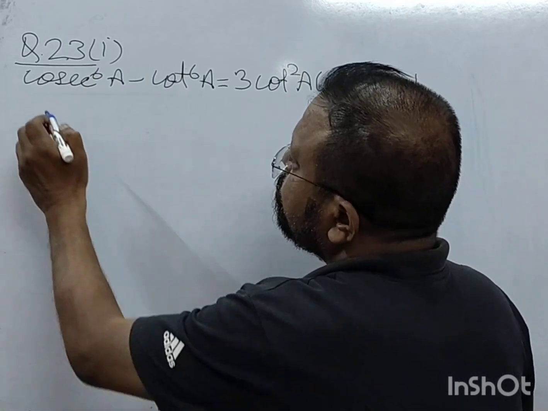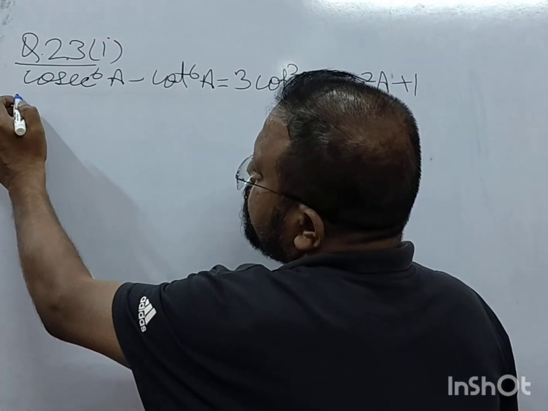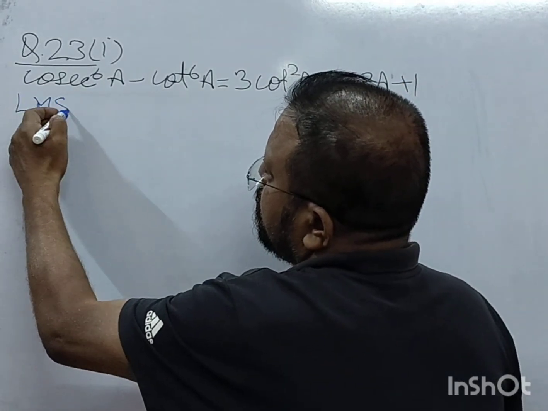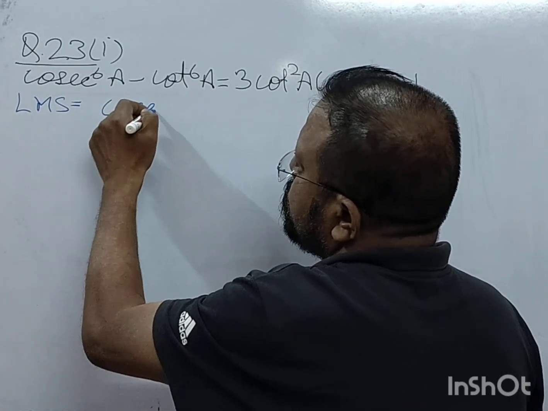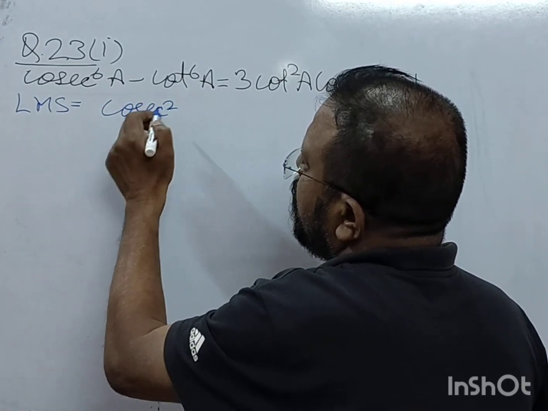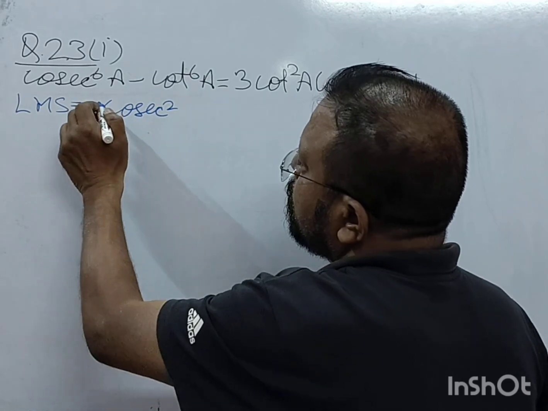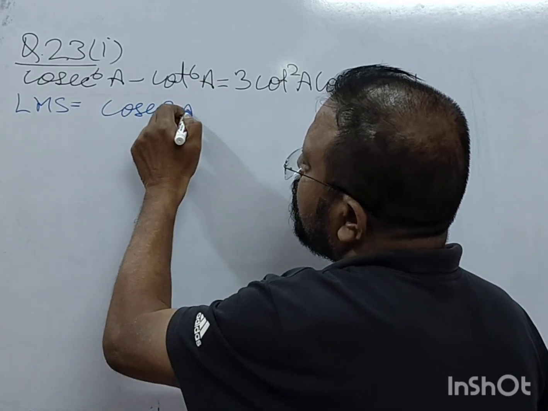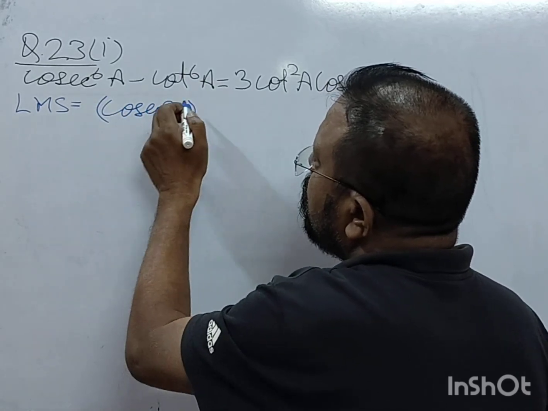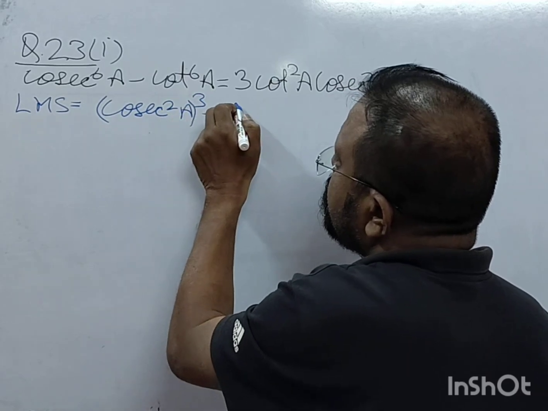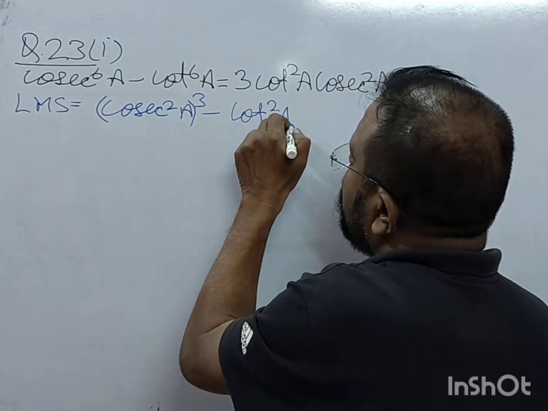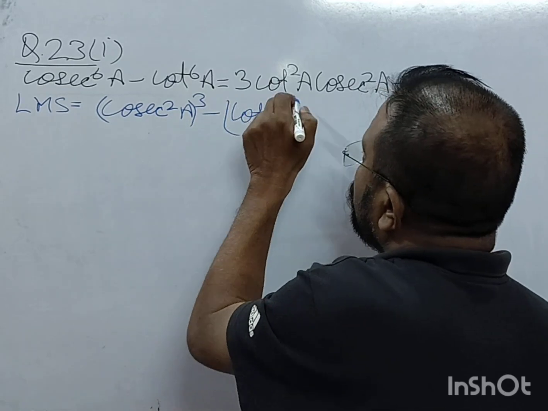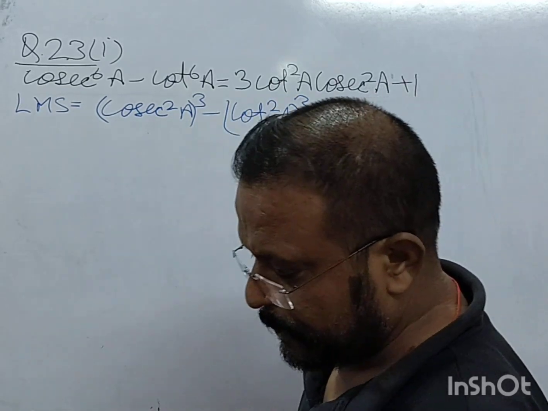So LHS is equal to cosec square a whole cube minus cot square a whole cube, right?